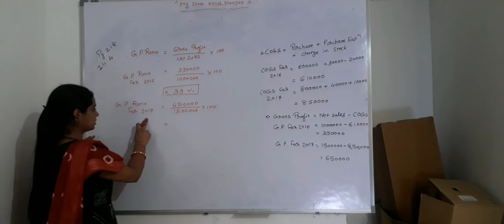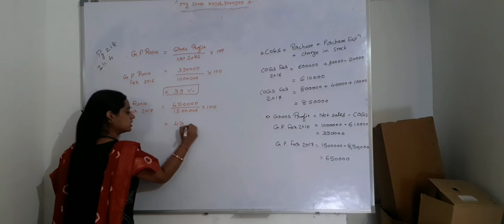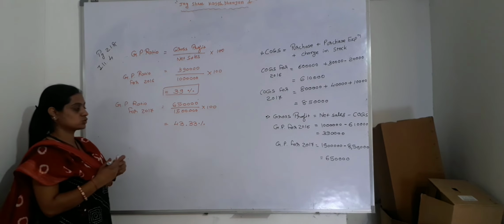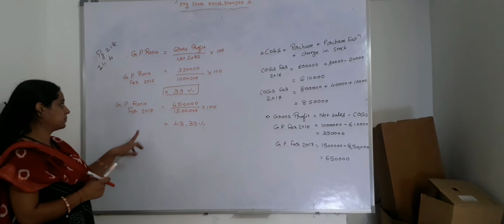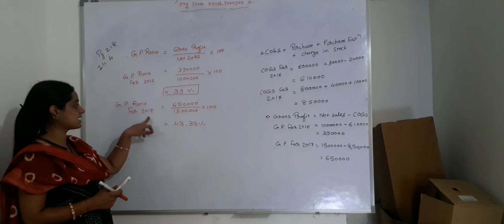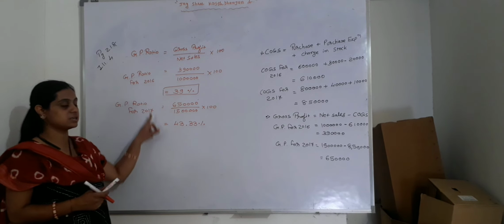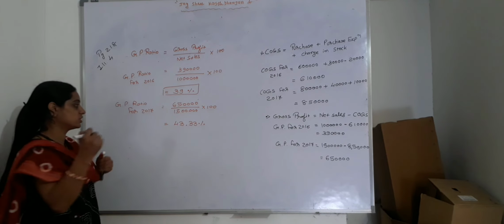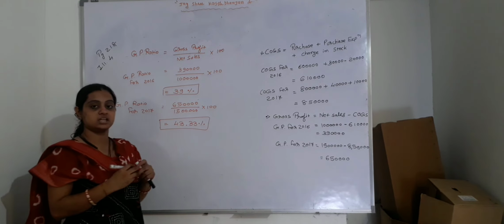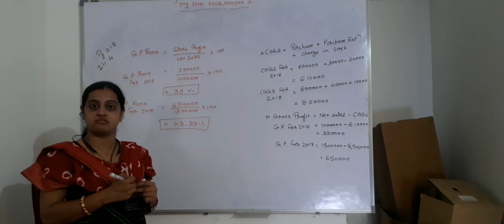So GP ratio for 17 is 43.33%. So we can say that as comparison of 16 and 17, gross profit ratio for 17 is increased from 39% to 43.33%, which shows increasing profitability of firm.